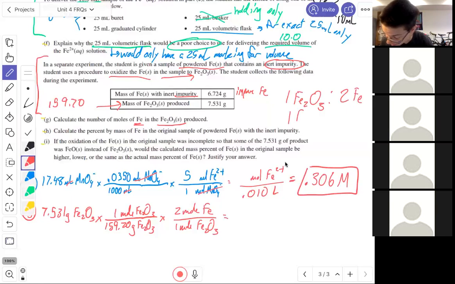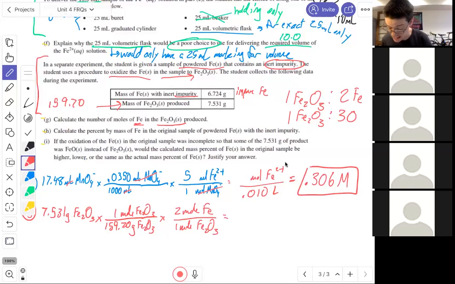In 1 Fe2O3, there are 3 O's. Sometimes I feel like there are things in this class that are too easy. So here, the mole ratios are literally the subscripts in the formula.